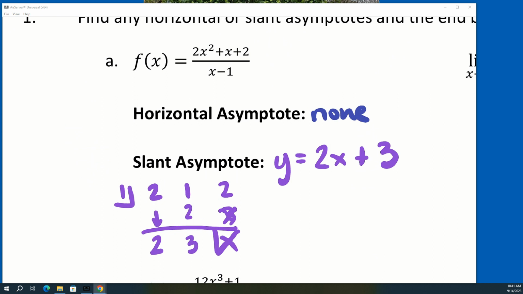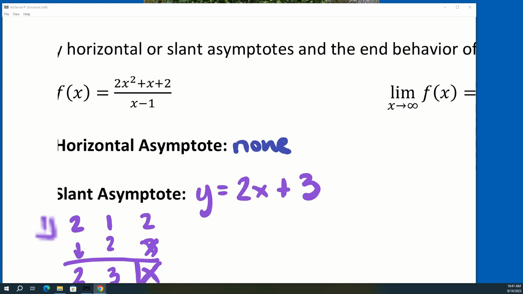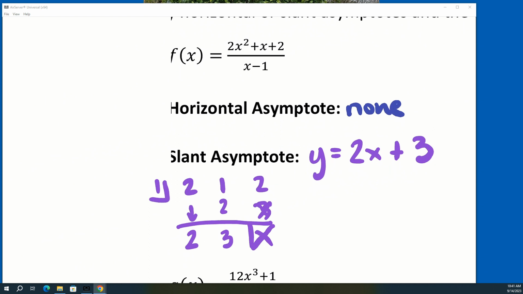On this, we could use those polynomial rules to figure out our end behavior, or you can just visualize what this graph looks like. It may have been a long time since you have graphed a line, maybe since Algebra 1. What would the y-intercept of this line be? 3.